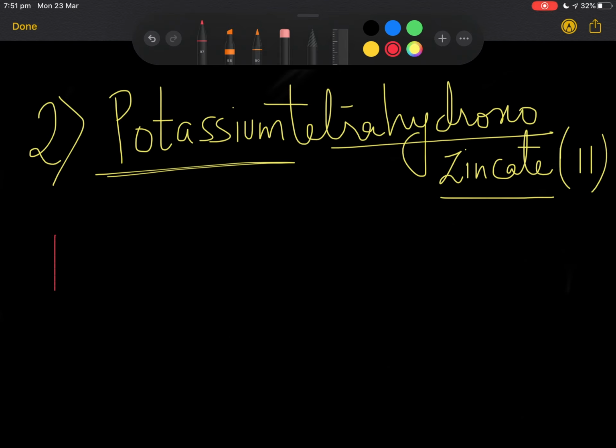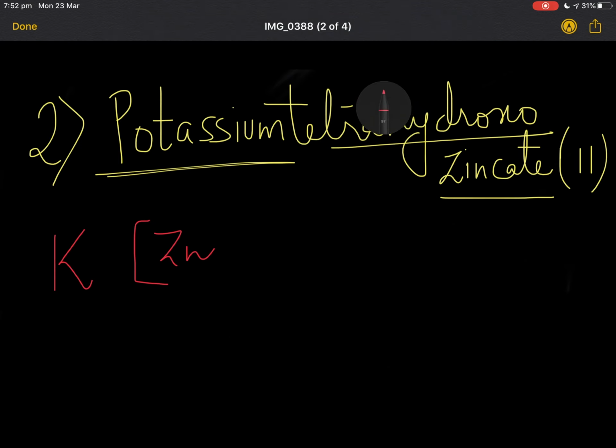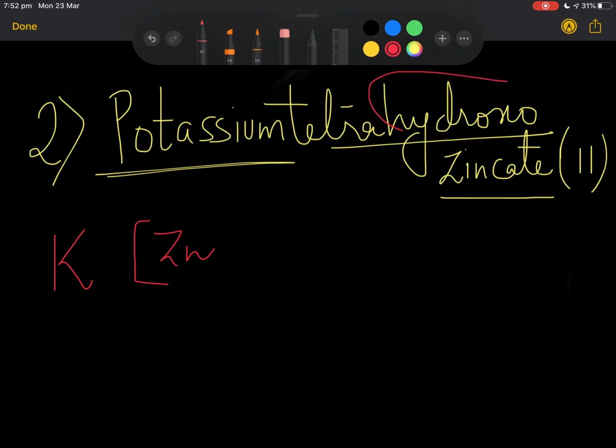So the cation here is potassium, K. I don't know the number of potassium, so I leave it right now. I'm going to come back to this point. I put a square bracket, use Zn, the symbol for the zinc metal atom, and the ligand here is hydroxo. That means OH group. So I'm going to put this in round brackets, and it's tetra. Tetra means 4. I'm going to close my square bracket.